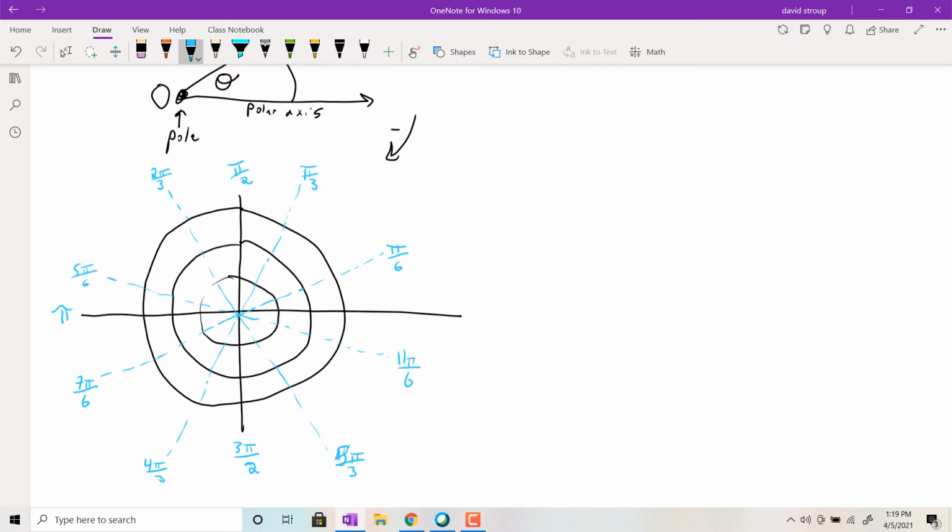Of course, I just went in the positive direction around the plane. You can also go in the negative direction and work in the same way. So instead of 11 pi over 6, this first one would be negative pi over 6. Oftentimes people want to label the pi over 4s as well, so you get about 3 angular measurements in each quadrant.